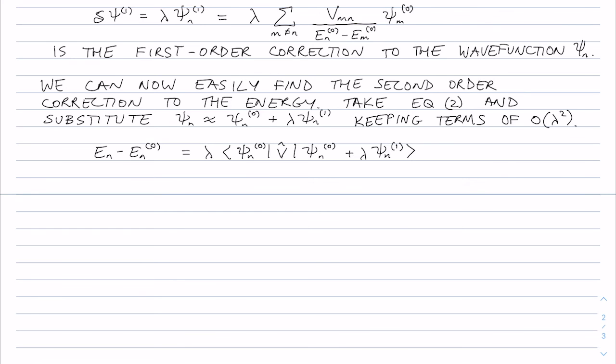So this is the approximation we're making. Equation 2 is exact, but now we've only taken an expansion up to keeping terms up to second order in lambda. And it's that over psi n naught plus lambda psi n 1.